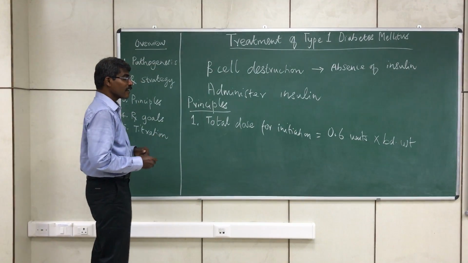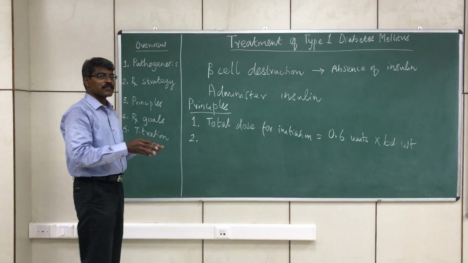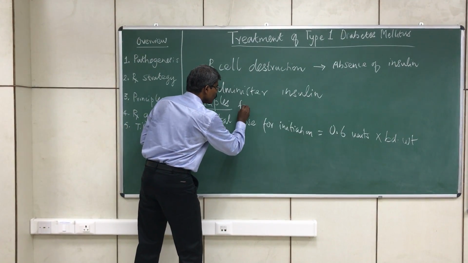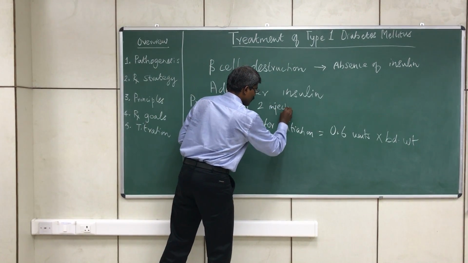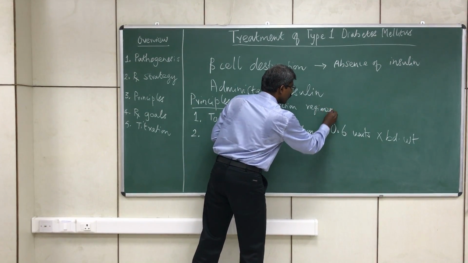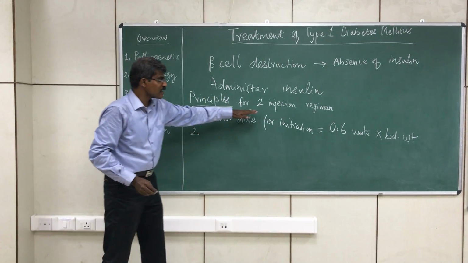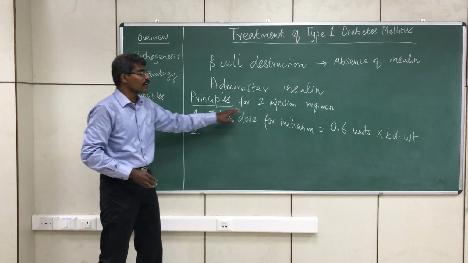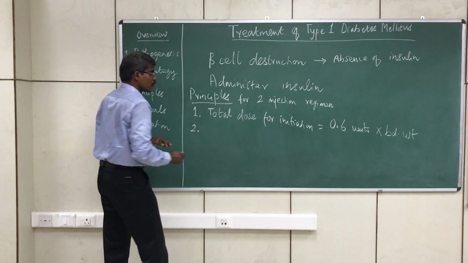Now once we have calculated this total dose, I'll talk about principles especially for a 2 injection regime. This is common for whatever injection regime we start. Let's see only the 2 injection regime, because in our setup this is the most commonly used regime. Now how do we divide this total dose?